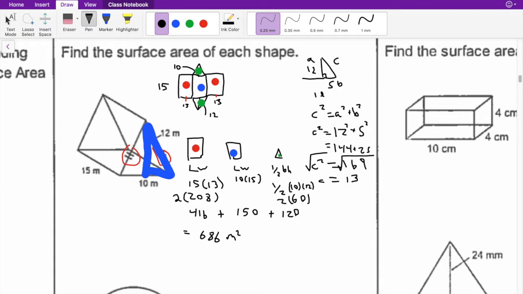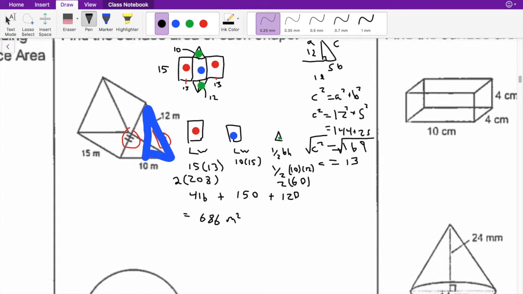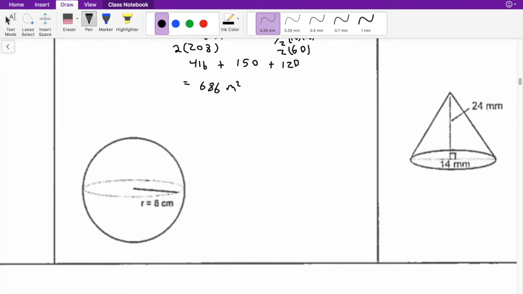Okay. Now the surface area for this, we have the radius is this. And we know the surface area formula equals 4 pi r squared. So equals 4 times pi times 8 squared.